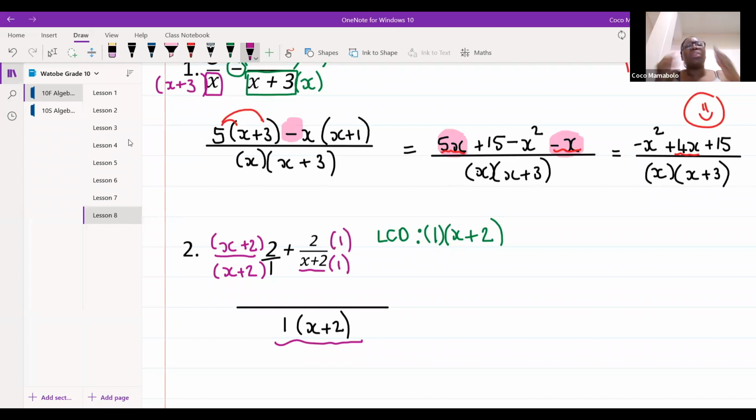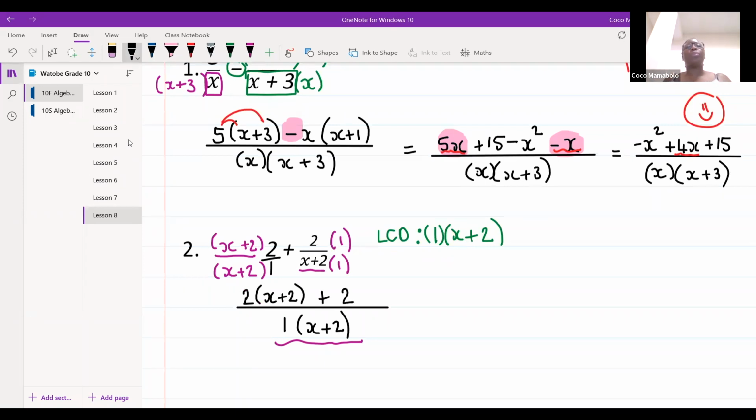But I'm going to put it in anyway, so we don't forget that we need to multiply on both sides. Funzo, you're 100% correct. So now on this side, what I have is 2 multiplied by x plus 2 plus 2 multiplied by 1 is equal to 2.